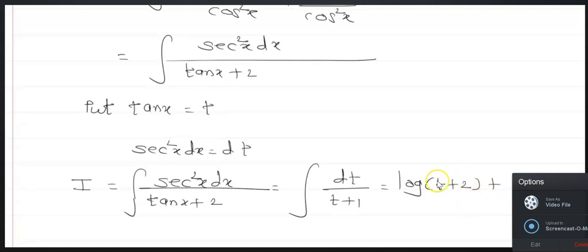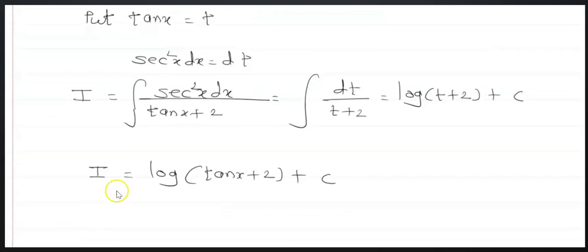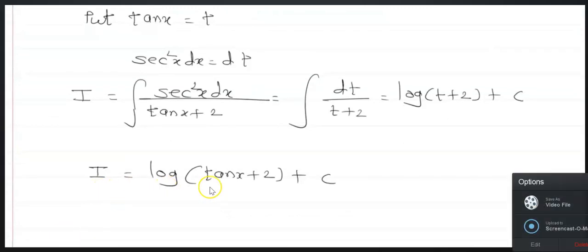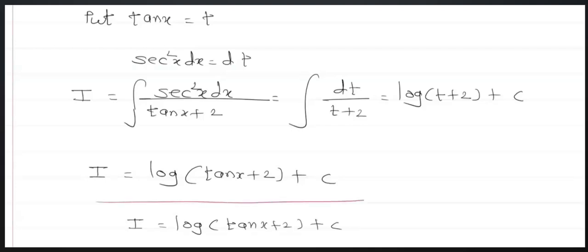By mistake, here is a 1, this is 2. Therefore, the answer is I is equals to log of tan of x plus 2 plus c, and this is the answer.